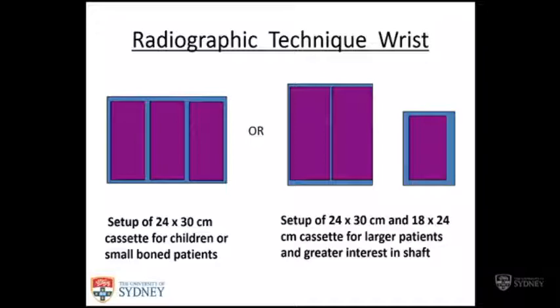So the setup for a wrist depends on the size of the patient. Generally for all females and children, I'll use a 24-30 and I'll do 3 projections on the one cassette. PA, oblique, lateral. And it fits well. And once again, we do it by the method that I explained before.